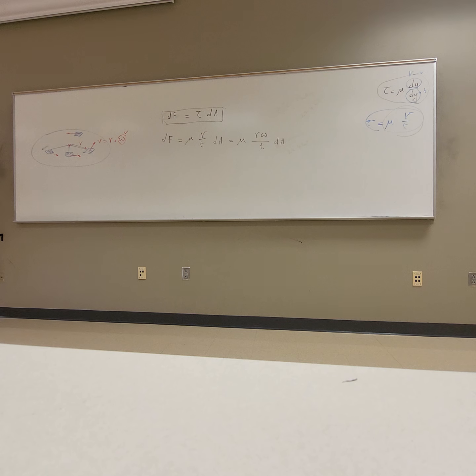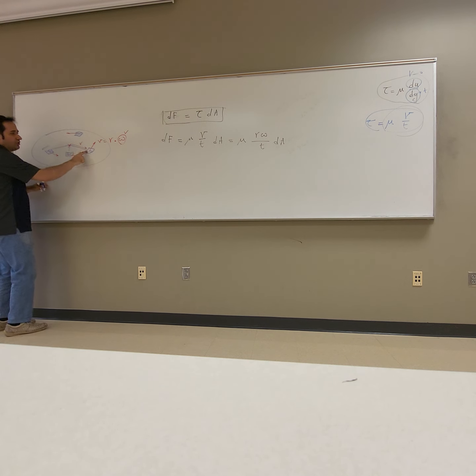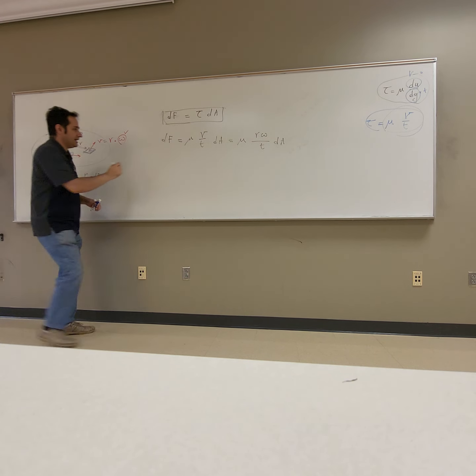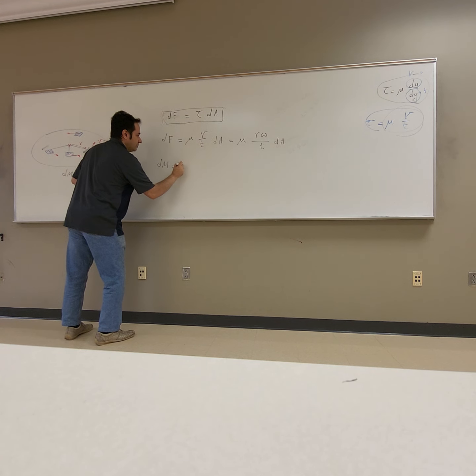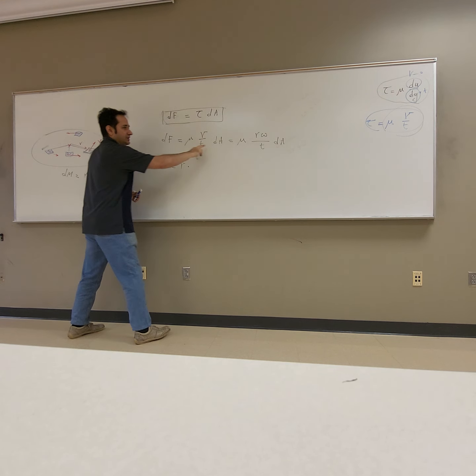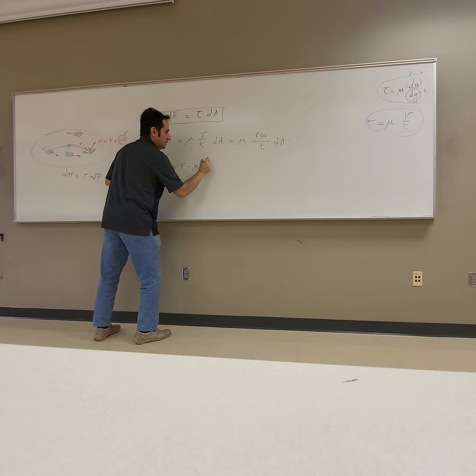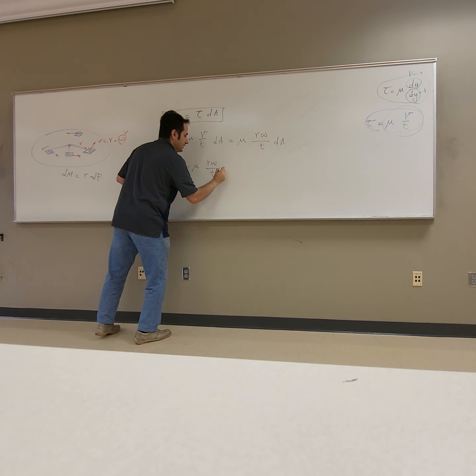So what is the moment coming from one element? The moment dM is what? R distance times dF, right? So dM is equal to R times dF. What was my dF? Mu R omega over T dA.